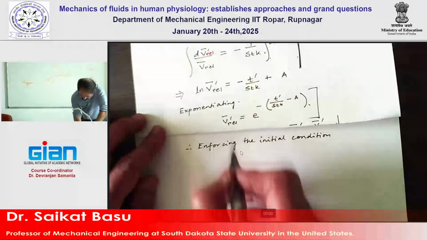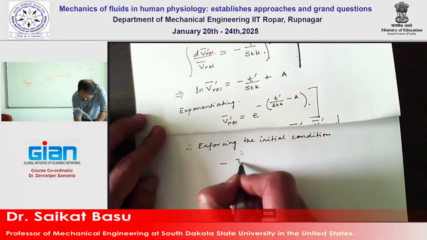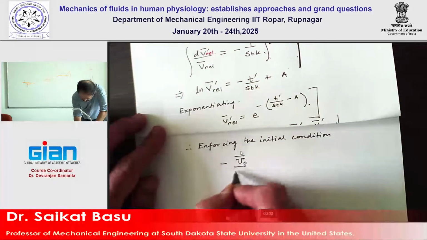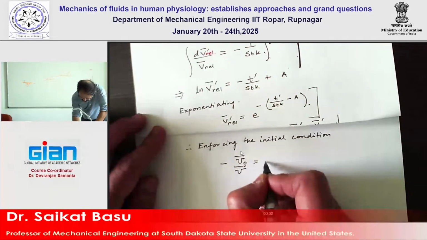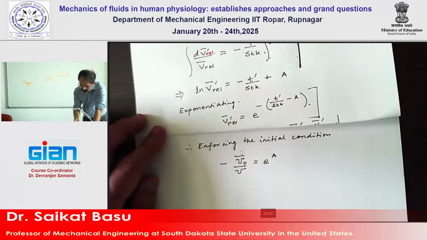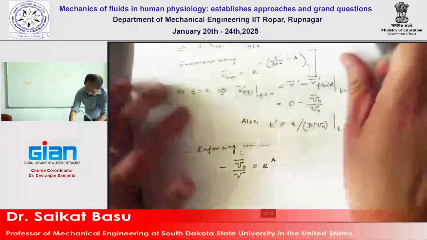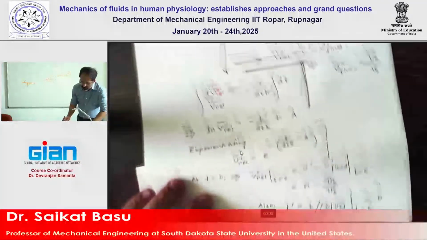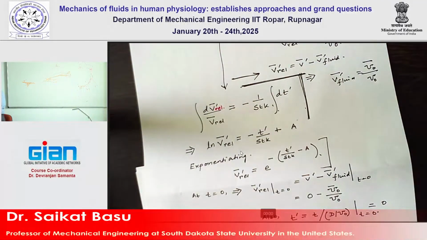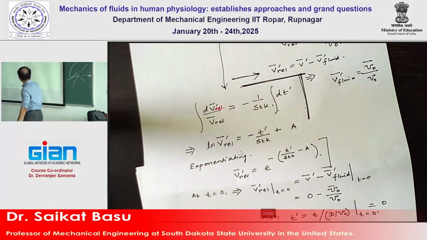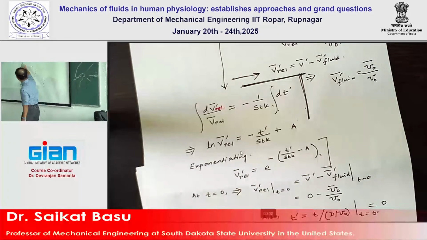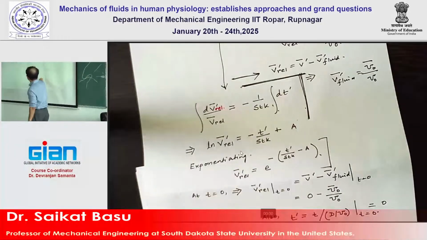We have minus u naught over u is equal to e to the power of a. How are we getting to that? This t prime becomes 0, so that becomes 0, and the v value becomes minus u naught over u.